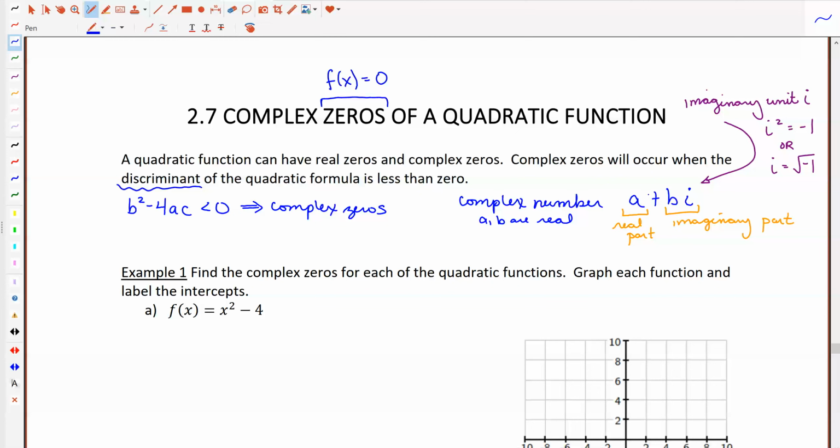Speaking of the real number system, it's probably important to note that the real number system is a subset of the complex number system.